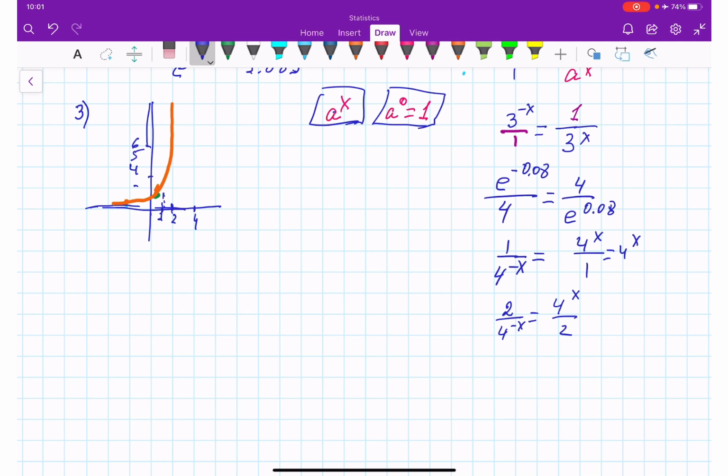So this is going to be 5. (5, 1), and this is (0, 1). Okay? Moving to the next question.